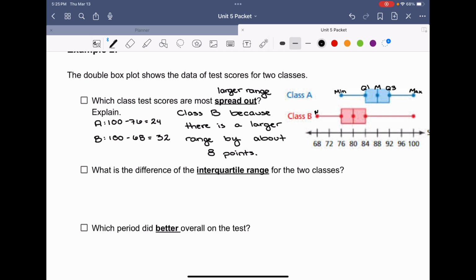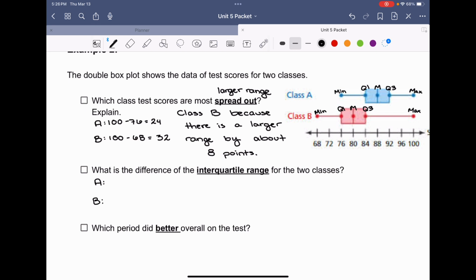I'm going to label both of them. Remember, our 5-number summary has to do with our minimum, quartile 1, our median, quartile 3, and the maximum. So we need the interquartile range, and we need to show our work for both Class A and Class B and answer the question.